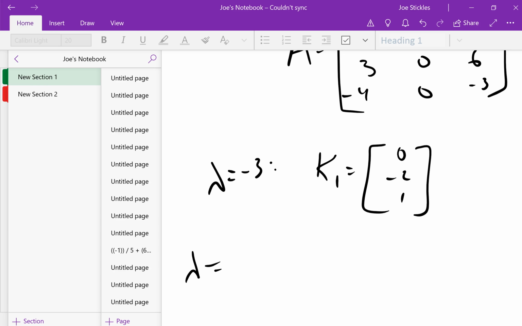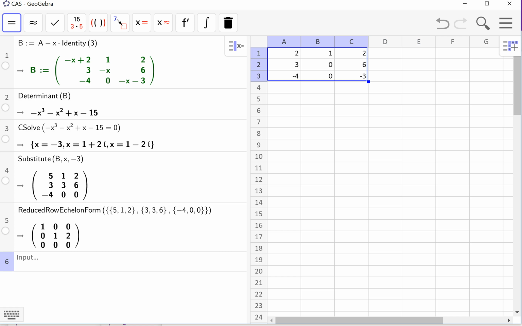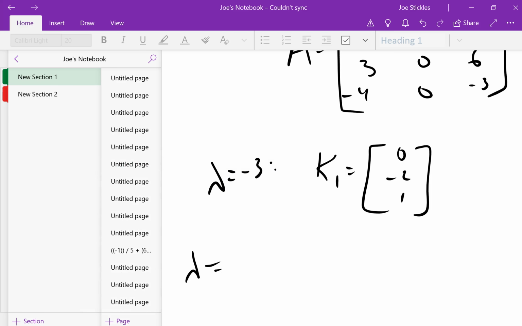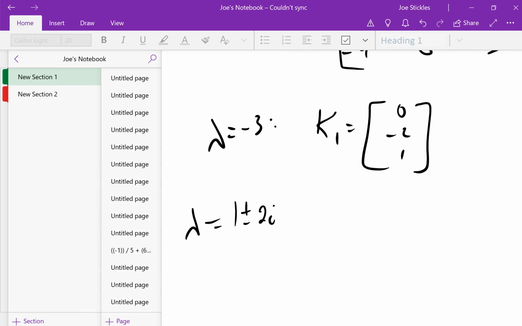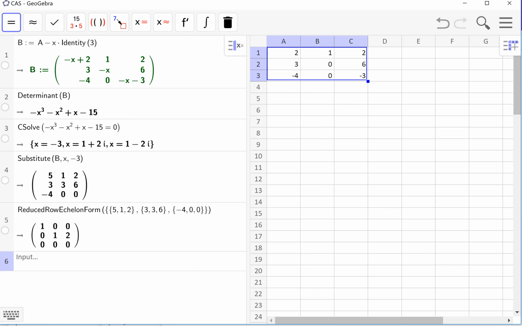We also had our other eigenvalues were 1 plus or minus 2i. So we need to do the B1 and the B2 for those. Remember, that's our real part and imaginary part of the eigenvectors associated with the 1 plus 2i root.